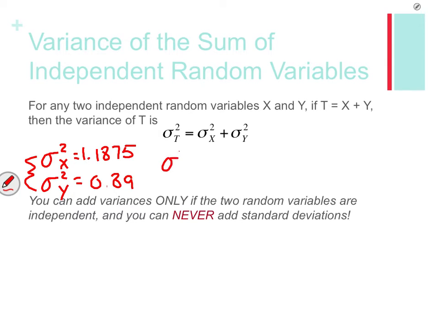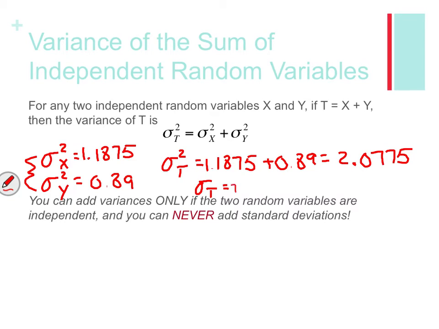So now to find the standard deviation, we'd have to add together my two variances. That's going to give us that 2.0775 that we saw when I did it in longhand. Now to find the standard deviation, I'm just going to take that and square root it. Okay, so again, this is very similar to what we have done in the past.